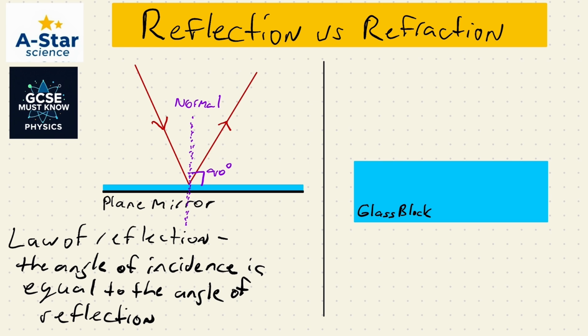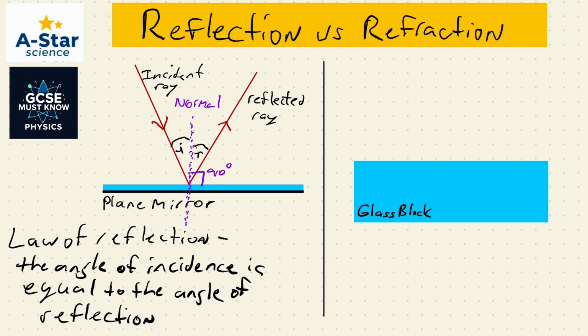And if we now look, we can see that there's an angle here between the angle of incidence. This is the incident ray coming in. And this is the reflected ray going out. And that angle we call I is the angle of incidence. And this angle coming out, we're going to call R, is the angle of reflection.